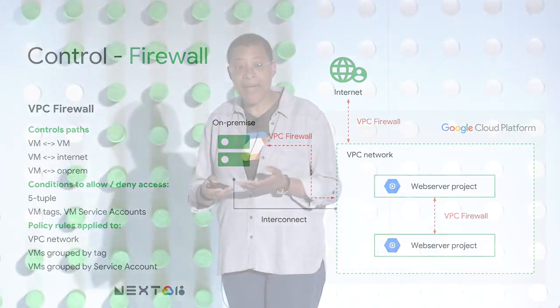So just to understand that, I'll talk about firewalls by looking at service accounts to set up those rules. Service accounts are one of the identities I touched upon briefly early on. It's the programmatic identity for your VM or application.